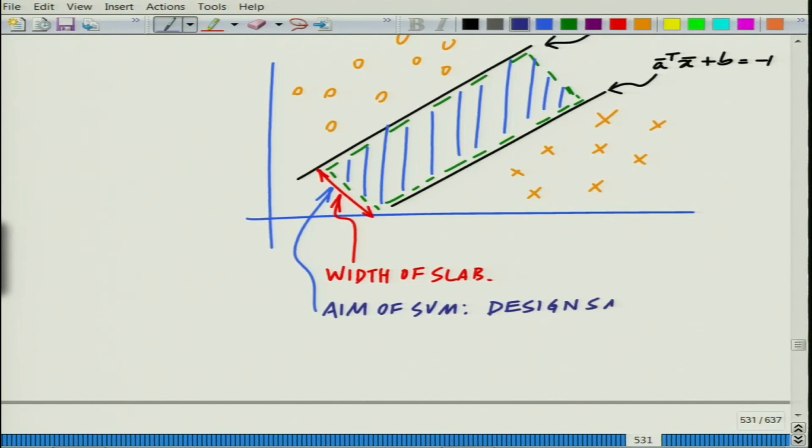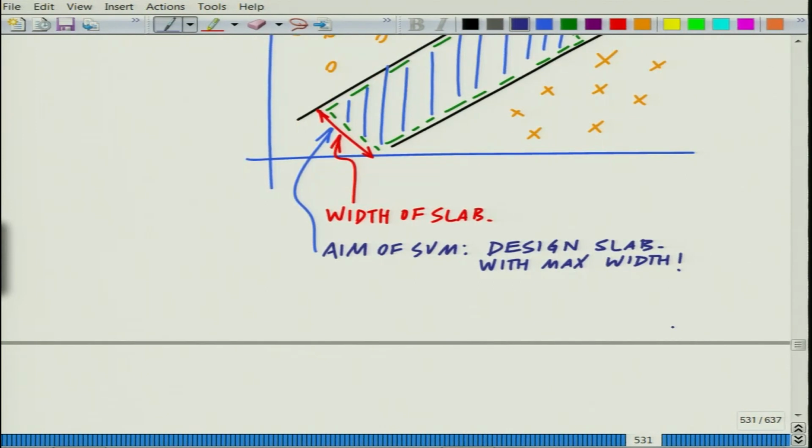Design the slab with maximum width. This implies robust classification, or this implies you have a robust classifier, which implies least error.